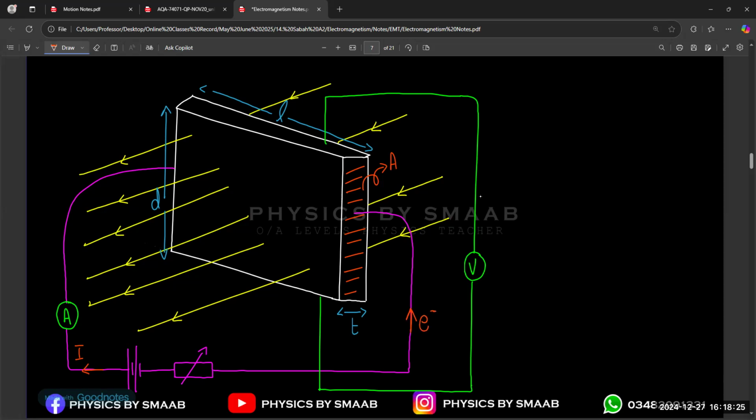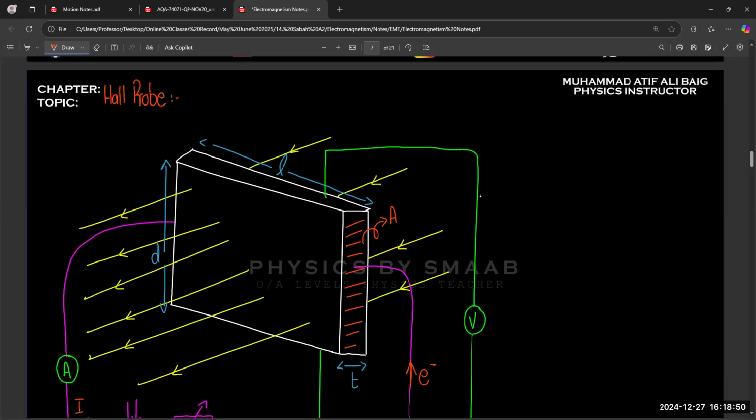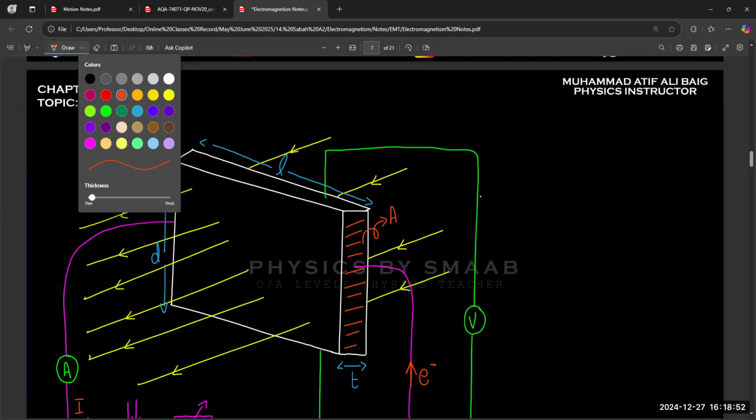Now practically, if we observe what happens when current moves into this Hall probe or this rectangular shape: the magnetic field is coming out of the paper, and the current is along the horizontal axis, right to left or left to right. In simple words, we can say the field is out of the paper.